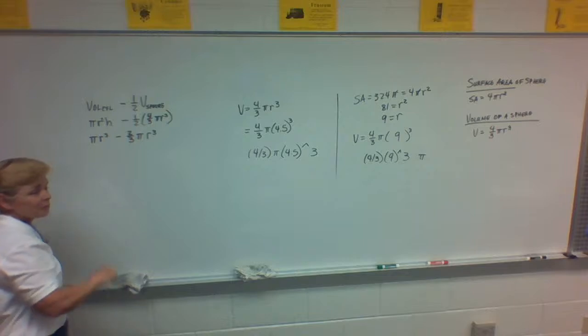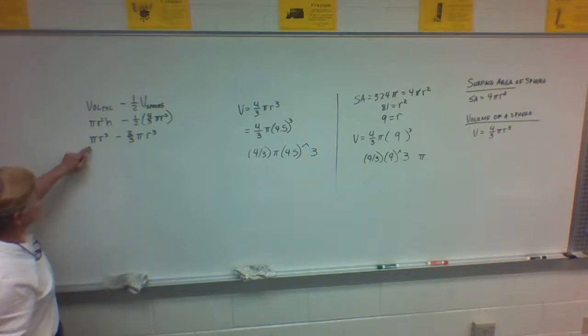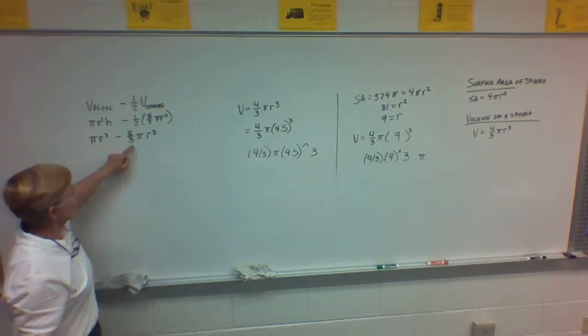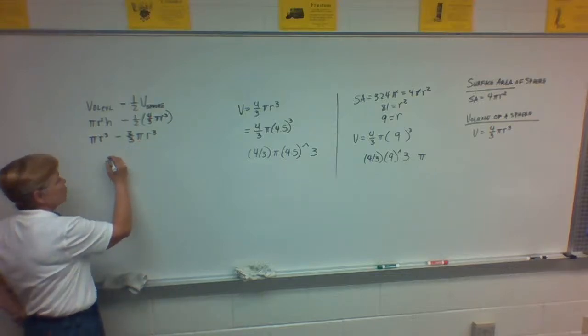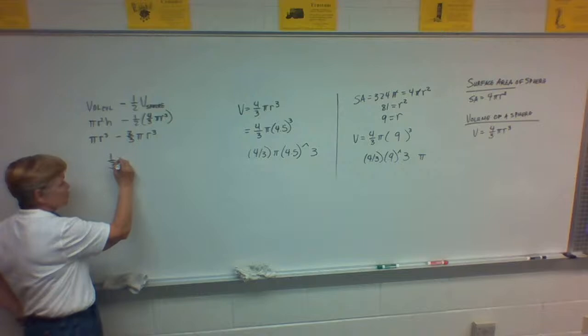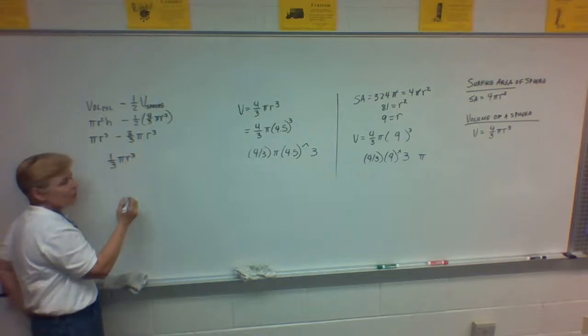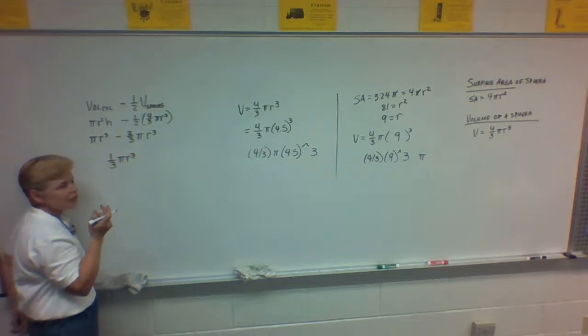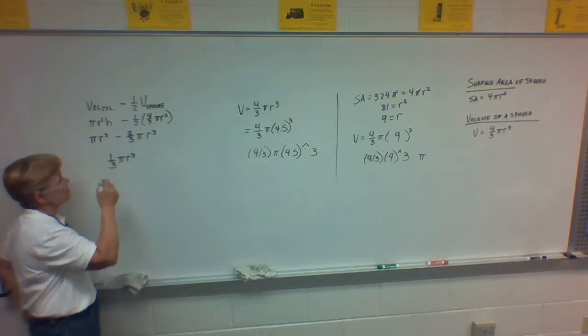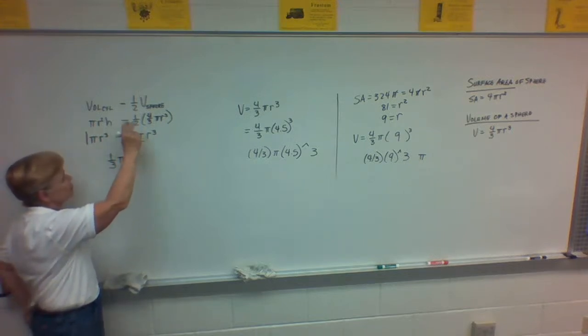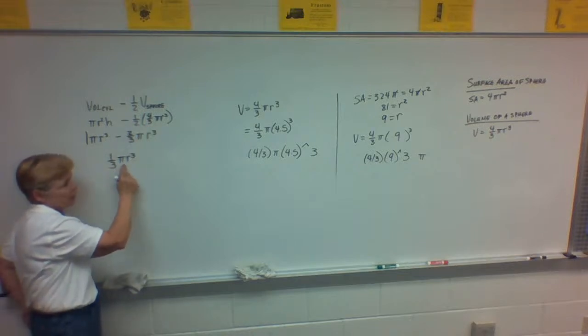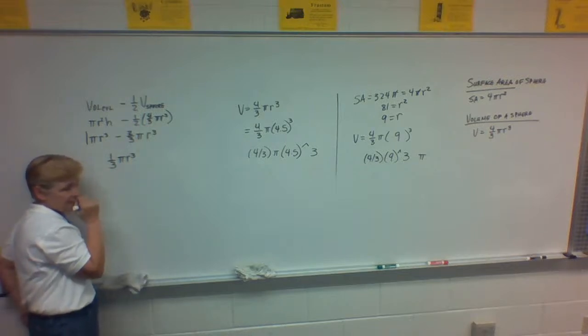Now here's what's really cool. I've got 1 pi r cubed minus 2/3 of a pi r cubed, which is 1/3 of those. You don't have to do it the way I'm doing it. I'm just trying to get you to recognize some things. 1 whole pi r cubed minus 2/3 of pi r cubed leaves me with 1/3 of that pi r cubed. Does that make sense?